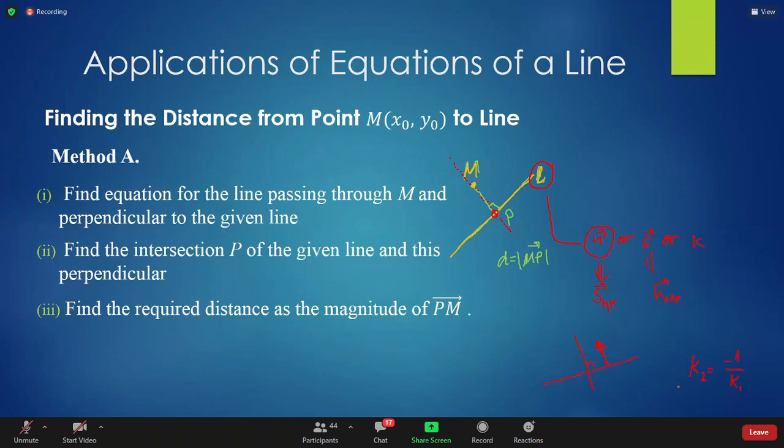This method is good especially if we need to find some more specific points on this line MP. In that case, this method works very well. If, on the other hand, the only thing you need to find is the distance between the point and the line, then yes, there is a formula.